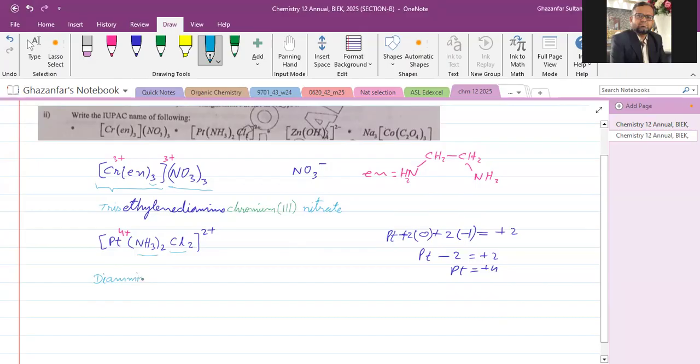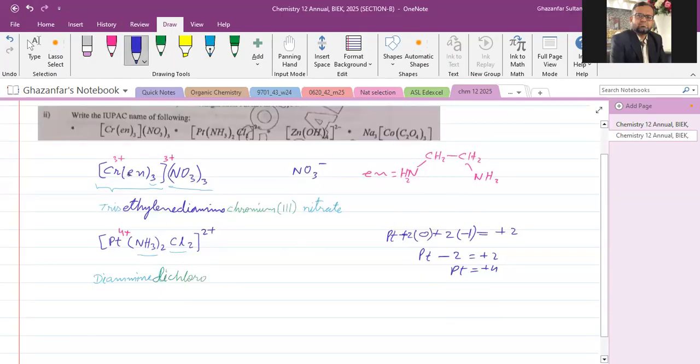So we write diamine, dichloro, no gap. Remember that there is no gap. I'm changing the color just to make you understand.